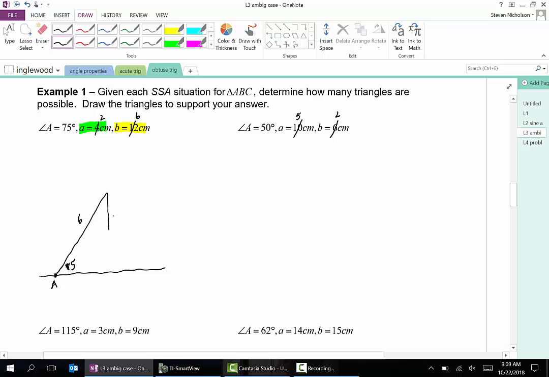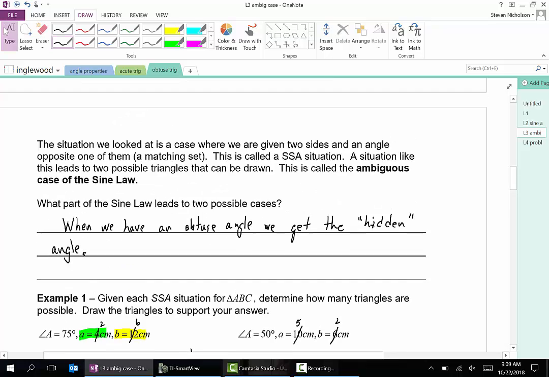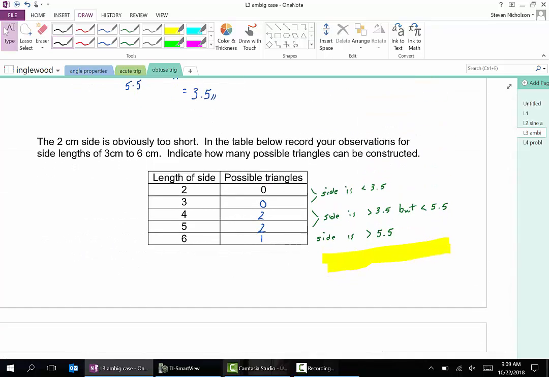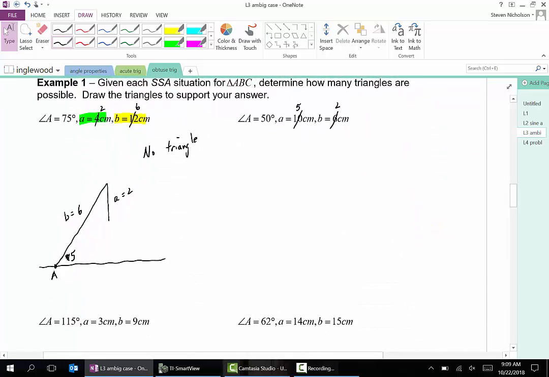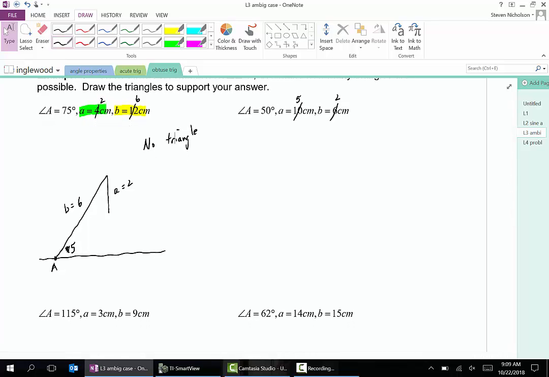And when I draw my little a equals 2, what we should see is we get no triangle. And again, if we look back to this idea right here, hey, look at that. My side is less than something, and it won't work. So in this one right here, it's physically impossible to draw a triangle.